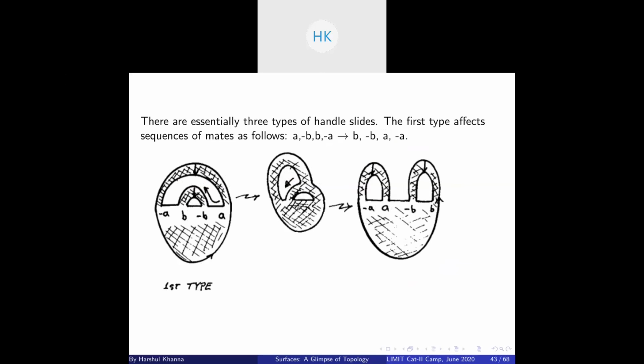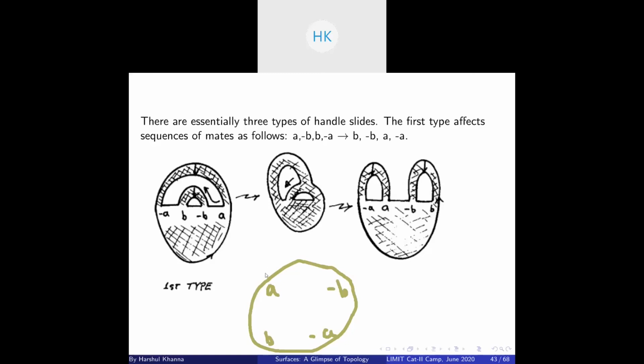So the second type is essentially the one related to the toroidal hole. So a toroidal hole, when you paste back, let's see what happens. Remember, you have A, you have B, then you have minus A, then you have minus B, or any permutation of this, because it is a disk.